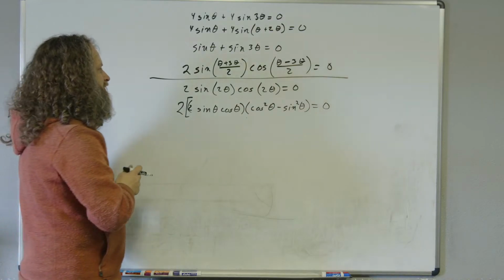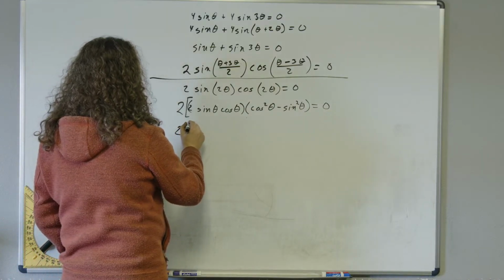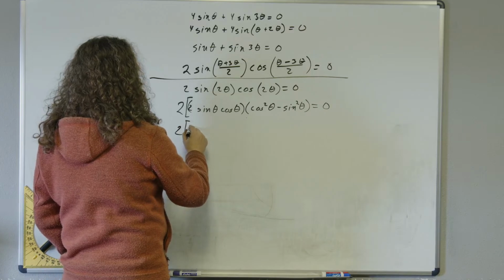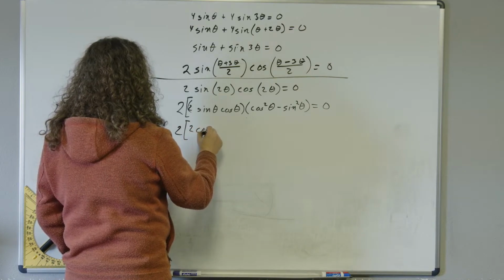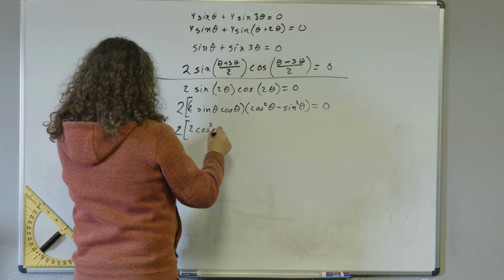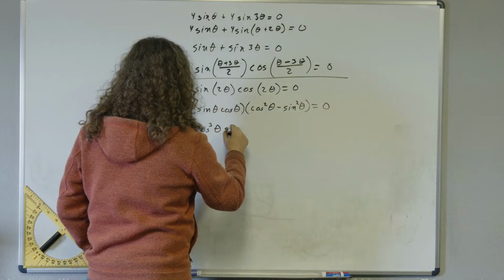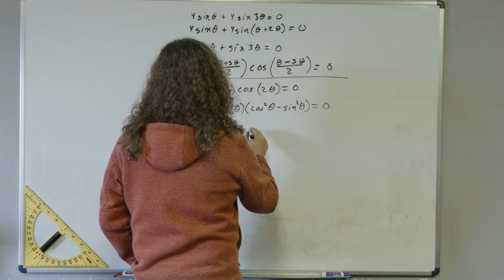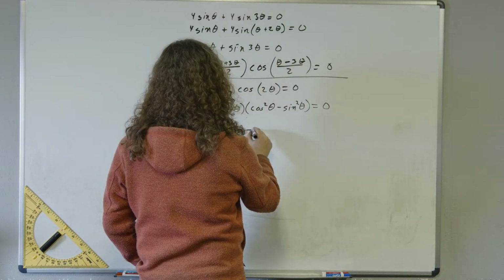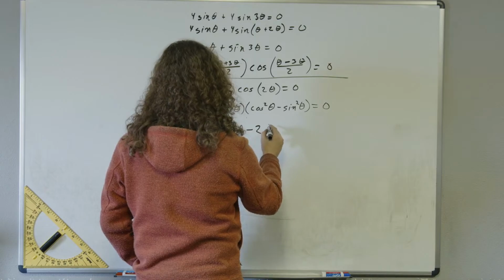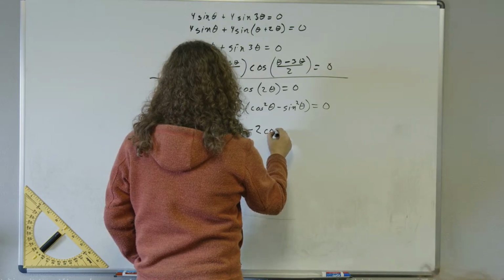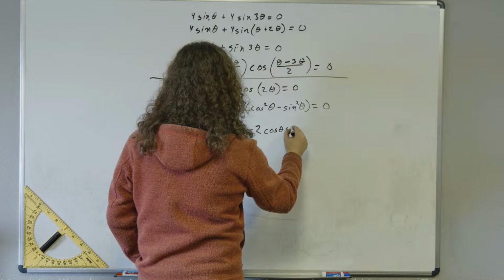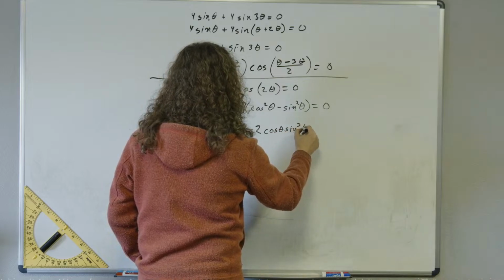We got a bunch of distributive property junk. Nice. Should we do the inside? Yep. So 2 cosine cubed theta sine theta minus 2 cosine theta sine cubed theta.